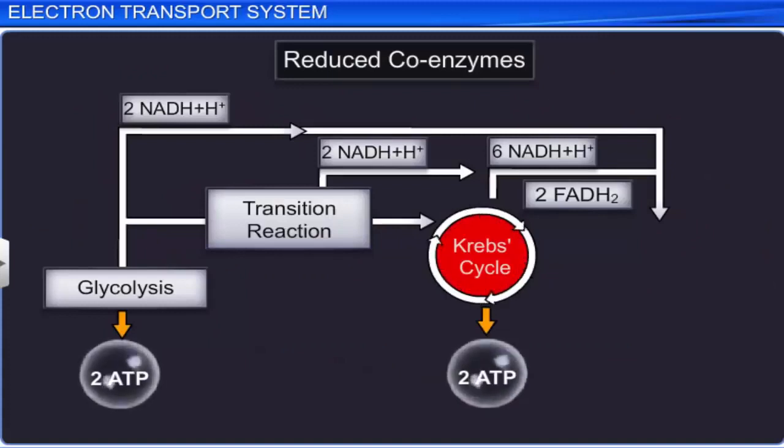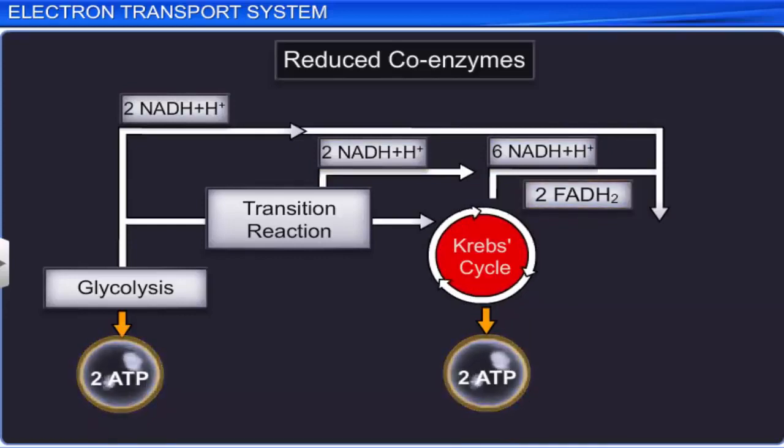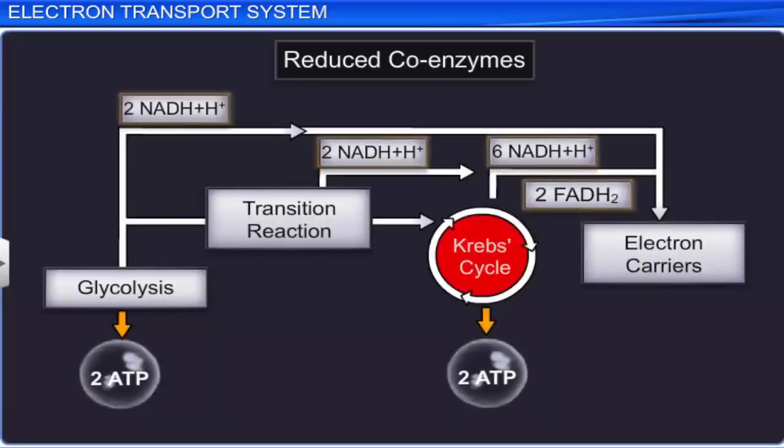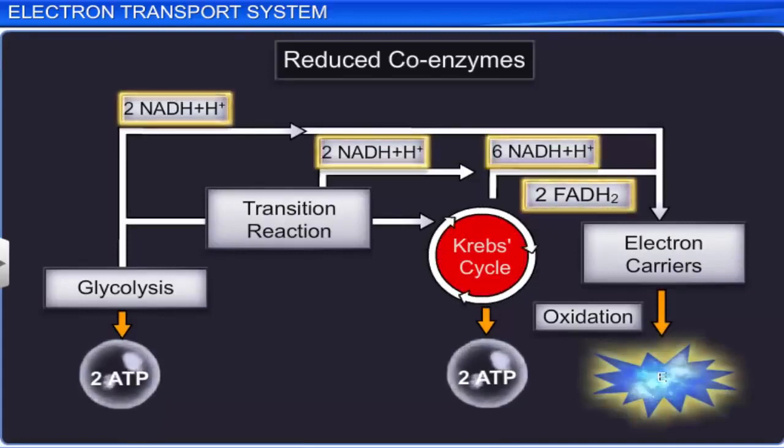As you know, glycolysis and the Krebs cycle together result in the formation of reduced coenzymes such as 10 molecules of NADH + H+ ions and 2 molecules of FADH2, and 4 molecules of ATP. These reduced coenzymes need to be oxidized to release and utilize the energy stored in them.